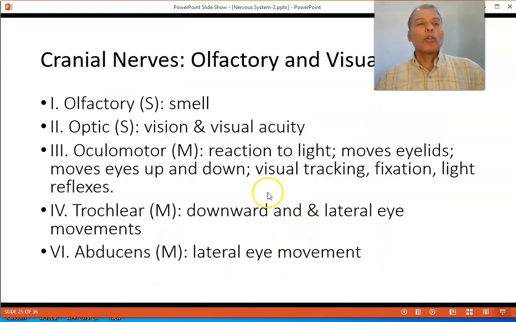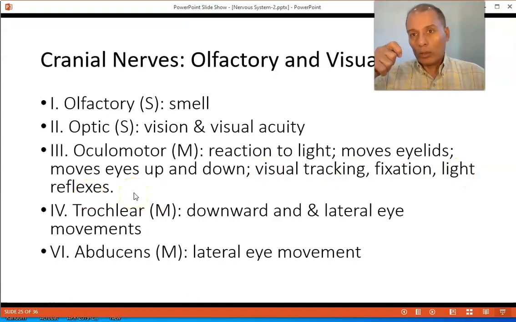So the optic nerve, number 2, has to do with vision and visual acuity, the eye lens basically. And the third one is motor. It controls reaction to light, and it moves the eyelids, and it moves the eyes up and down for vertical scanning, visual tracking, fixation, light reflexes.